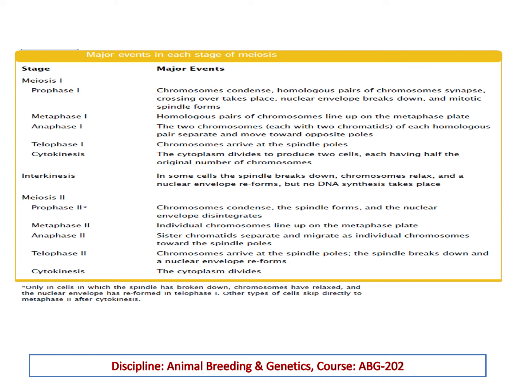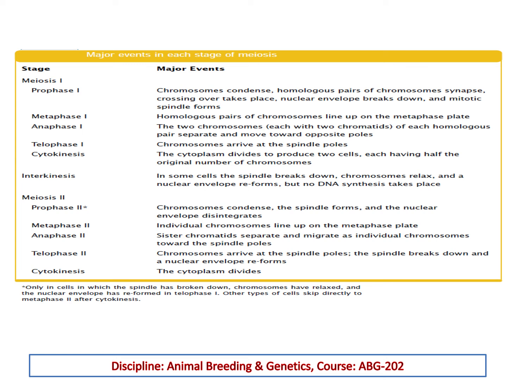In metaphase 1, homologous pairs of chromosomes line up on the metaphase plate, and in anaphase 1, the two chromosomes, each with two chromatids, of each homologous pair separate and move towards opposite poles.